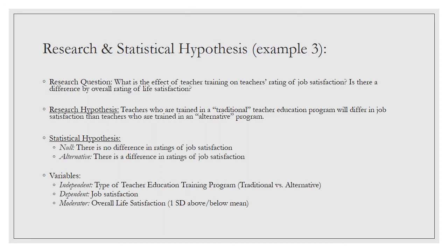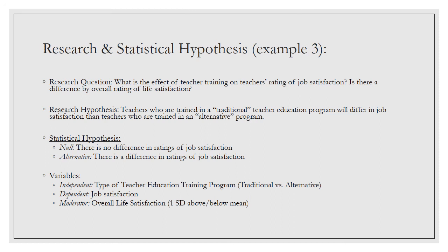Now I'll give you the independent and dependent variable for this specific research hypothesis. The independent variable was type of teacher education program, traditional versus non-traditional, and we had a dependent variable of job satisfaction. But that second research question that we asked, is there a difference by overall rating of life satisfaction? We could also take this research hypothesis and incorporate the idea that there's going to be a difference between those that are a standard deviation above the mean and below the mean.